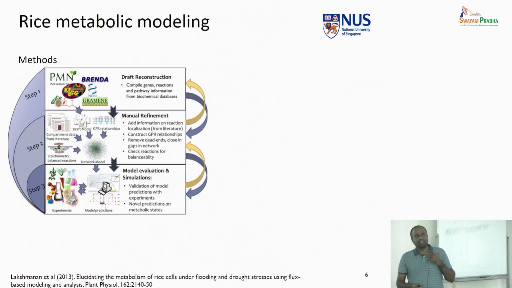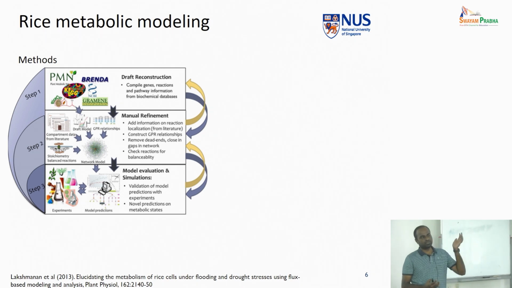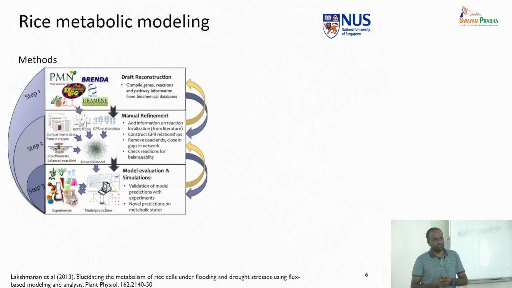In order to understand these fluxes, one way is to measure them intracellularly. How can we do that? You can use isotope label based approaches. You will be able to understand how much glucose is getting transformed into, say, G6P and so on in the glycolytic pathway. That's one way to do it.